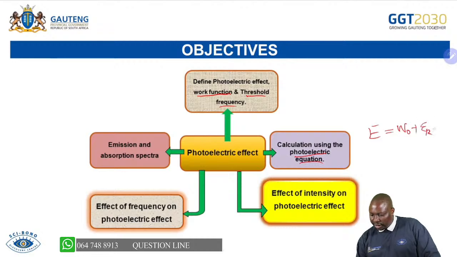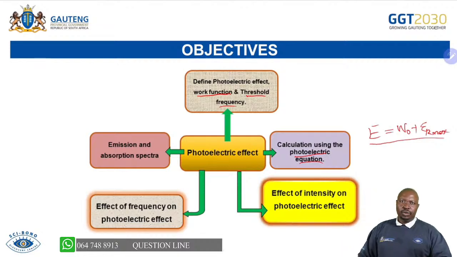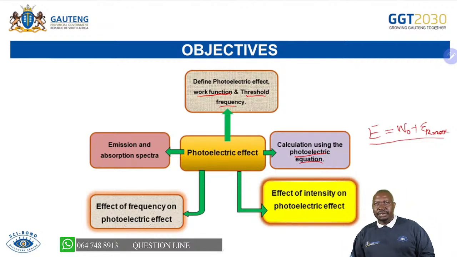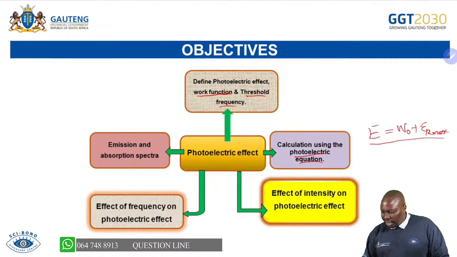So that is the photoelectric equation that we are going to use. So you must be able to use it to calculate. We'll do some calculations, we'll do some previous question papers so that you have a feel of how to use the photoelectric effect equation to answer questions. I told you about the effect of increasing intensity.